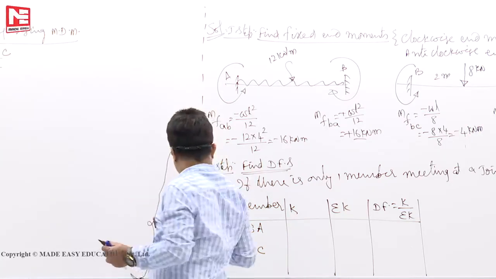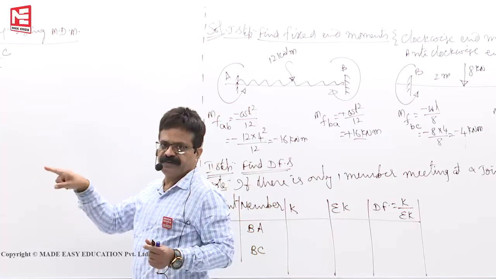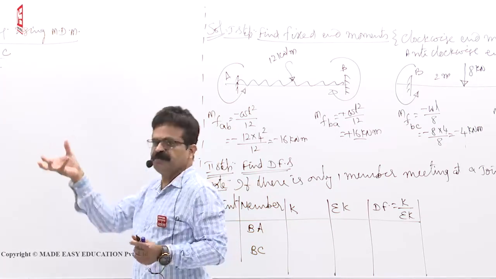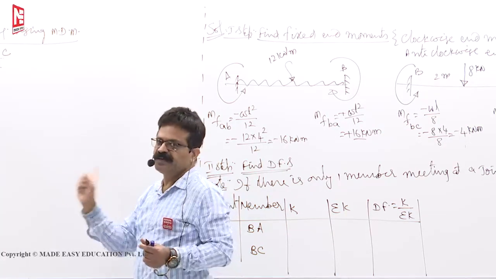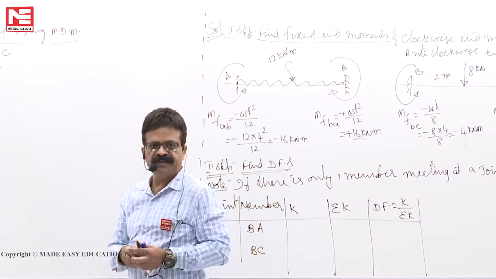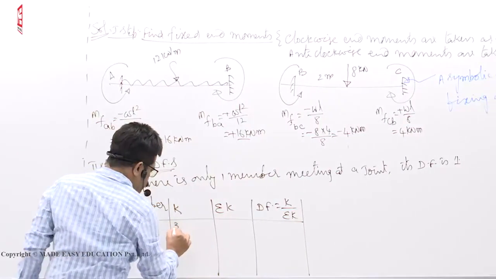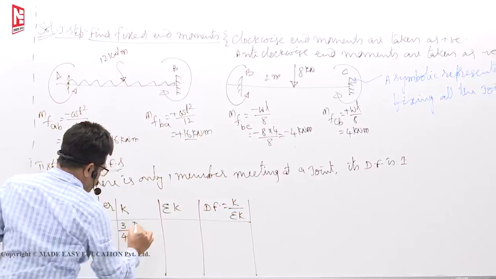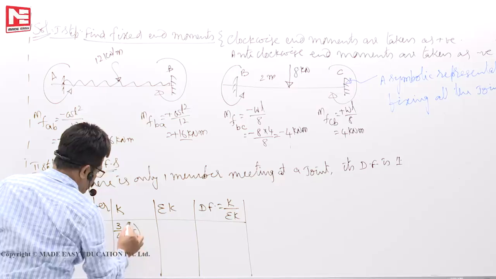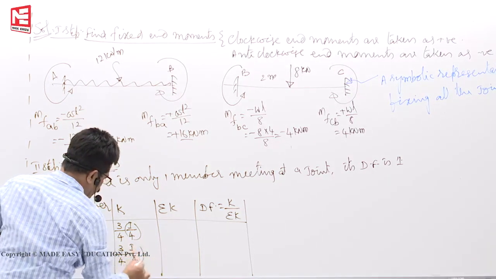At joint B, you apply some moment at B. Now the far end is a hinge here, the far end is a roller. Hinge and roller behave almost similarly. So when the far end is hinged, we know the relative stiffness is 3 by 4 I by L. This is also 3 by 4 I by L.